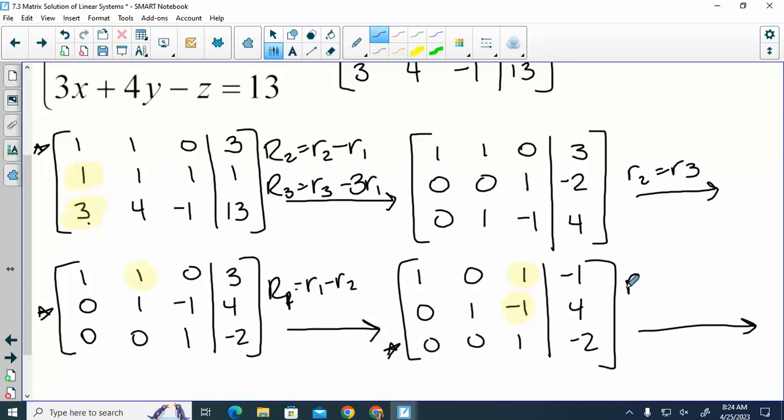So we'll use row 3 to get those zeros. For row 1 equals row 1, what do you need to do? Yeah, subtract row 3. And row 2, if you start with row 2, you need to add row 3.